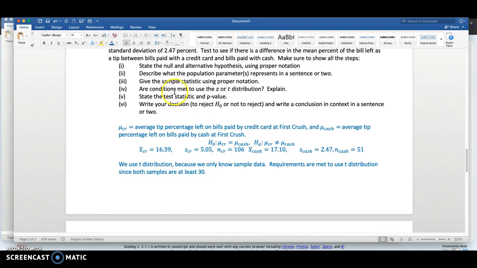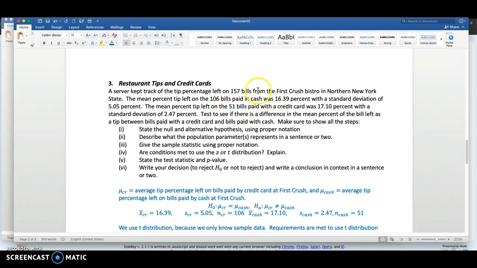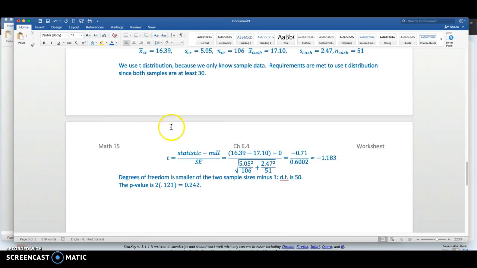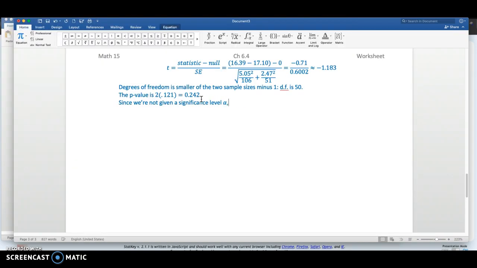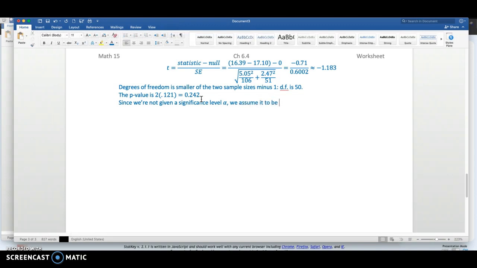All right, so looking at what we're doing, we've answered 1, 2, 3, 4, 5, state the test statistic and p-value, and then we reject or not reject. Here we're not given a significance level. Since we're not given a significance level alpha, we assume it to be 0.05.